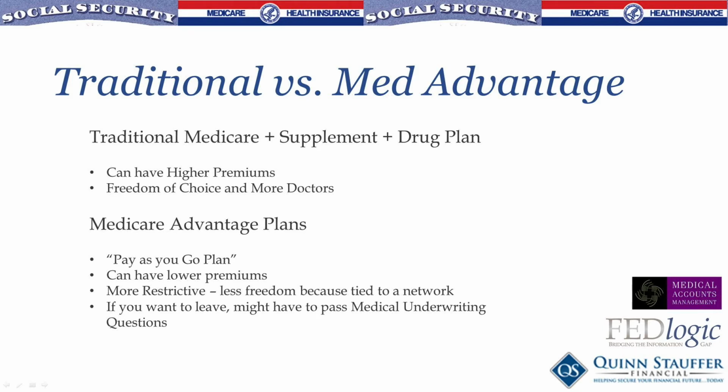For example, a specialty hospital like a Mayo Clinic, Cleveland Clinic, MD Anderson, you can get there with your Medicare card. With Medicare Advantage, you can have the lower premiums, but you have to stay in that plan's network. So it's just like your employer plan right now. If you are with Cigna or United Healthcare or Blue Cross Blue Shield of Tennessee, you're in a network.